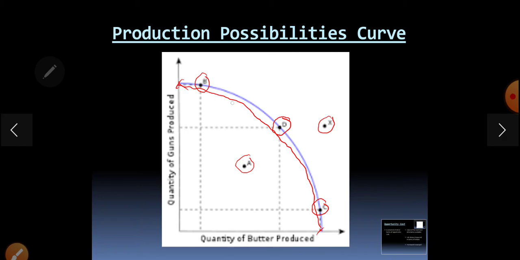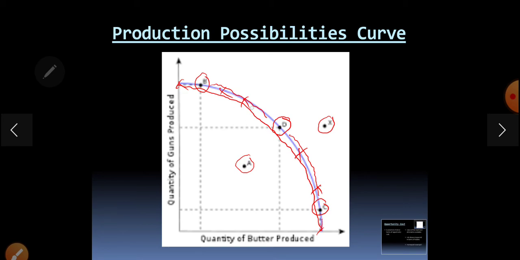Any point that you put on this line, which is called the production possibilities frontier, whether it's here, here, here, or here, you are using your full resources, and you're producing some combination of guns and butter, okay?